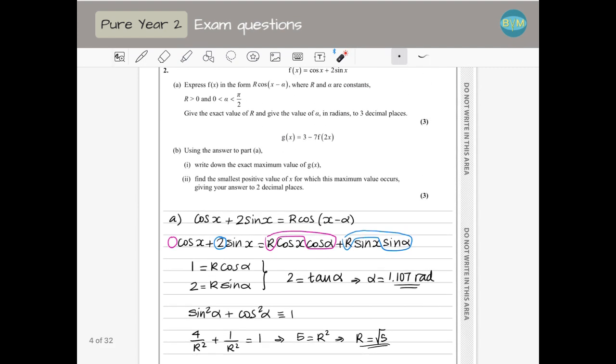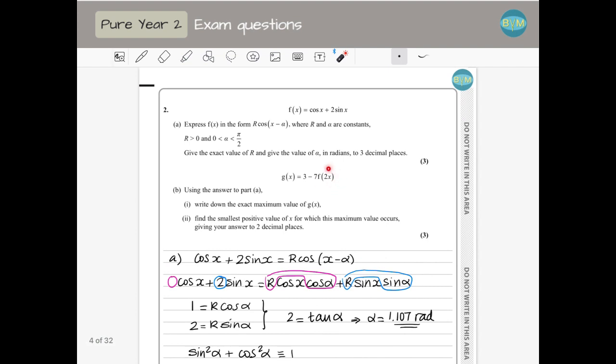Then for part b, they give us a function: g(x) is 3 minus 7 f(2x). Using the answer to part a, write down the exact maximum value of g. So we are going to substitute f(2x) by the expression that we found.